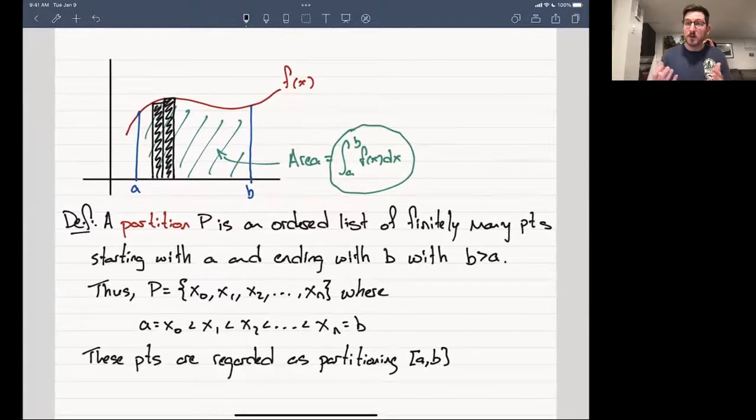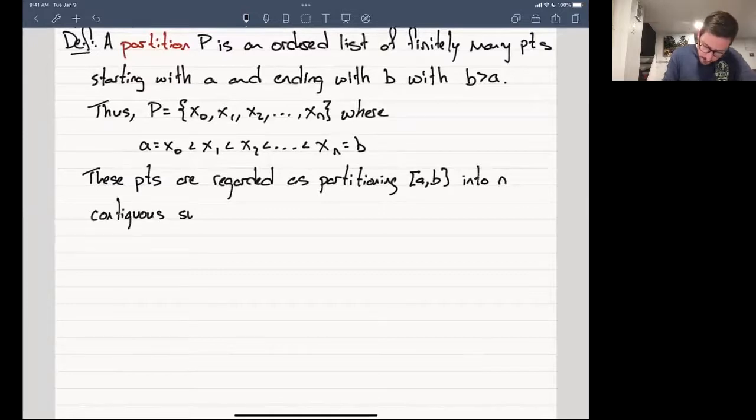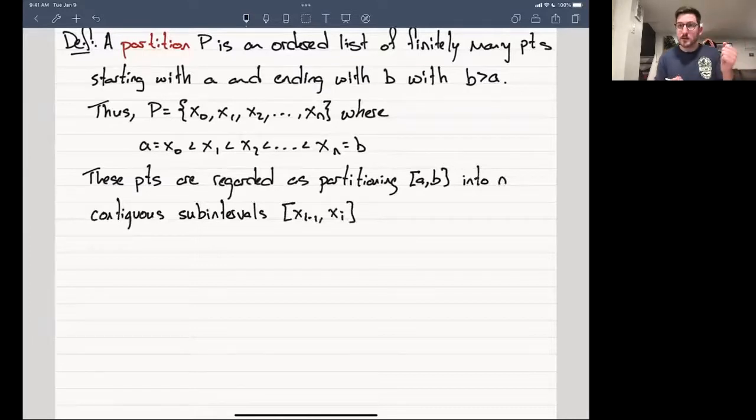If you remember what a Riemann sum does, it discretizes the interval. That's what we're essentially doing here. So this discretizes it into n contiguous subintervals, which are x_{i-1} to x_i. So the previous element to the current element, and that goes for all i from 1 to n.